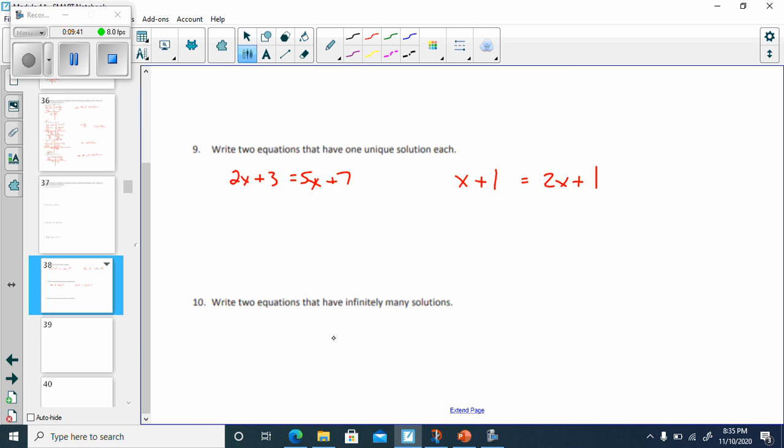Write two equations that have infinitely many solutions. They'd be exactly alike. 2x plus 3 equals 2x plus 3. The equations are exactly alike. 5x minus 7 equals 5x minus 7. Okay? We've just determined whether equations have one solution, infinitely many solutions, or no solution.